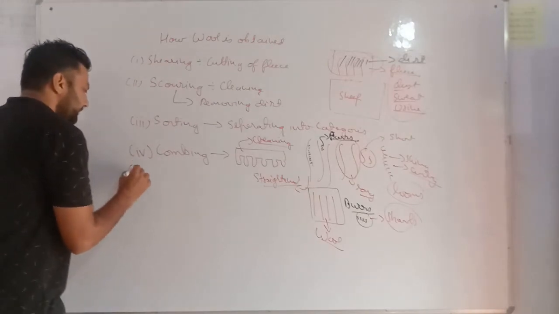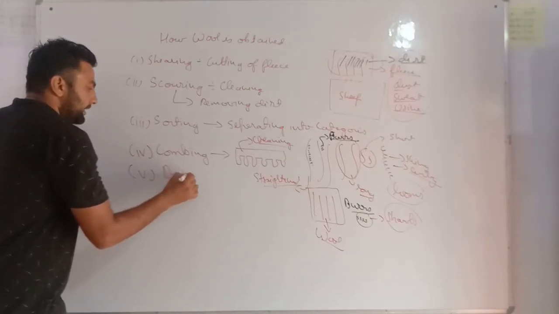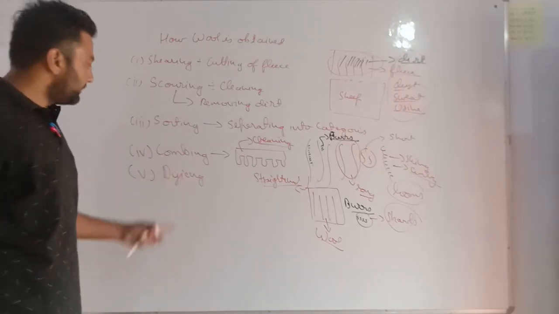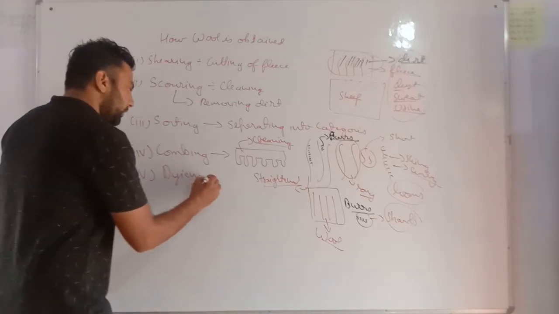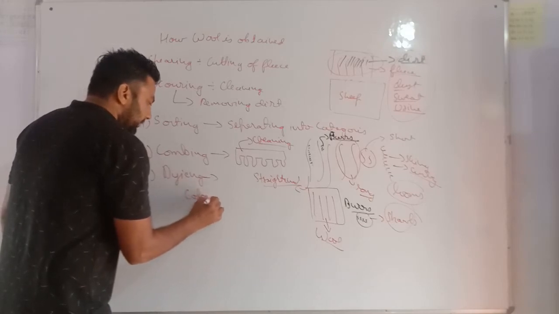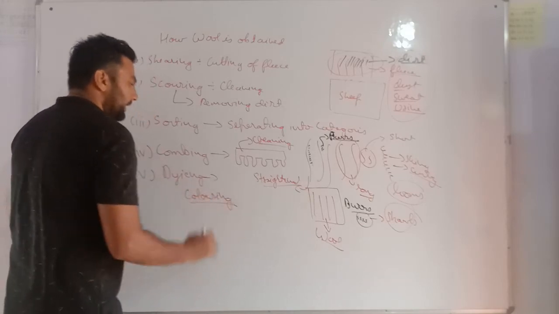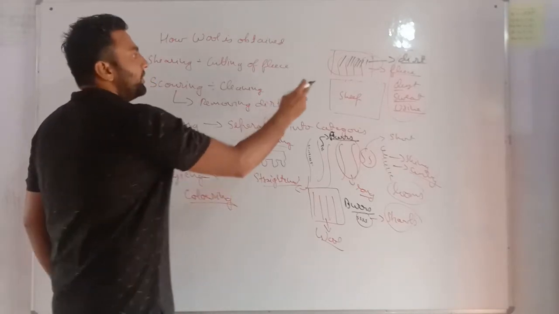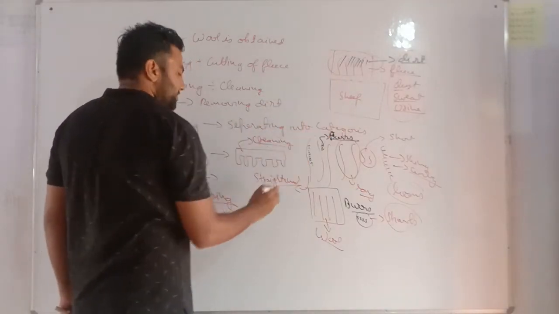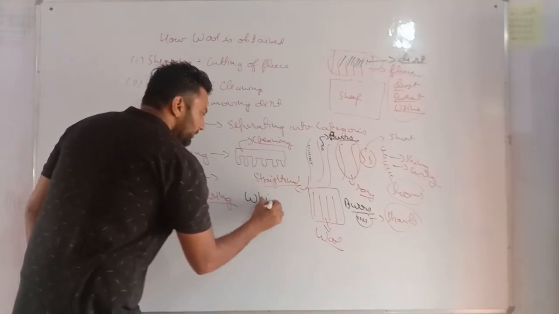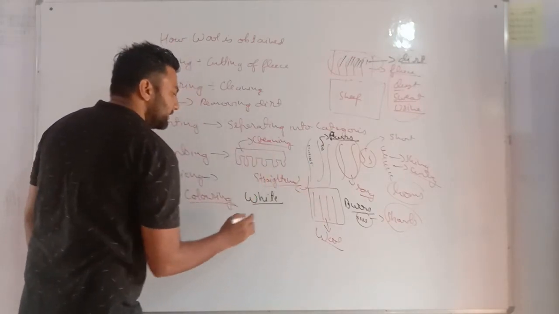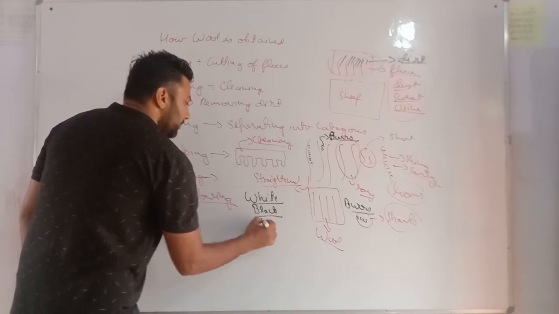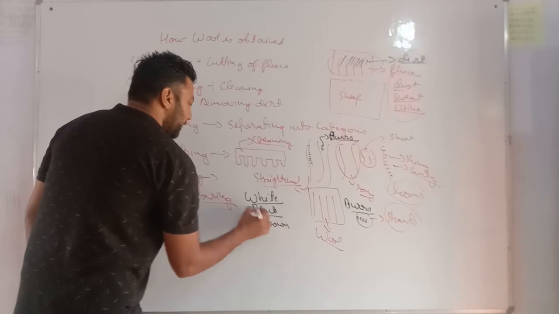Okay, my dear students, after that, the dyeing process is done. What do I mean by this word dye? As we all know, dye means coloring. See, my dear students, if I am having sheep, mostly I will be getting white colored fleece, or maybe chances of black, or somewhere chances of brown fleece.